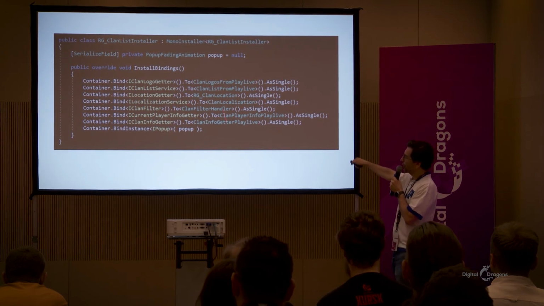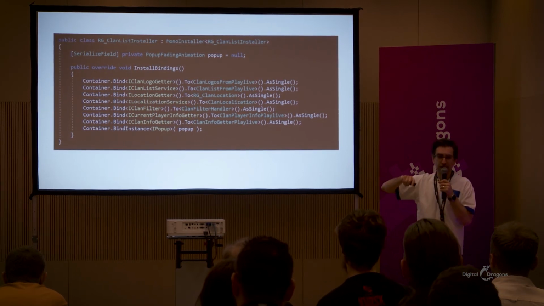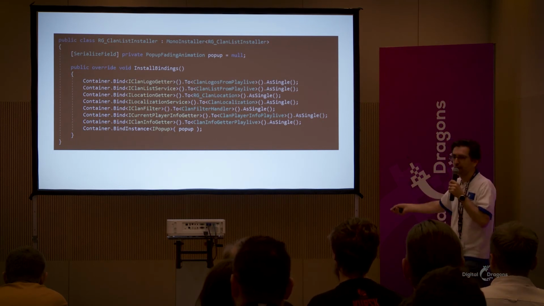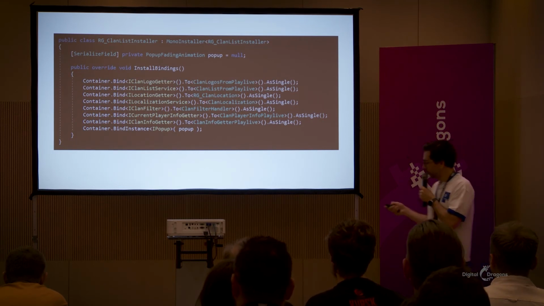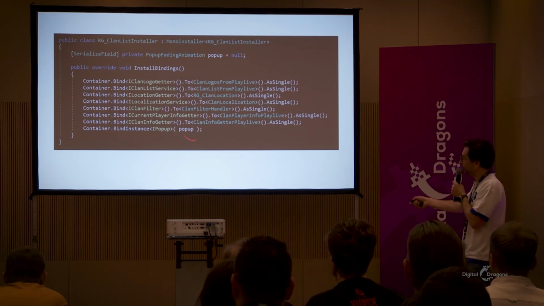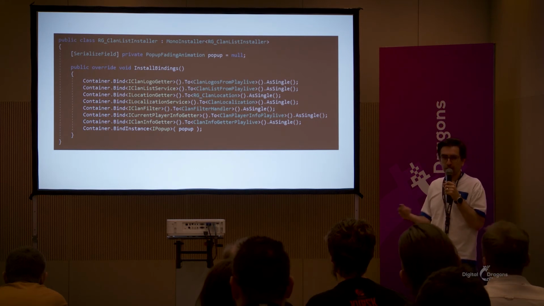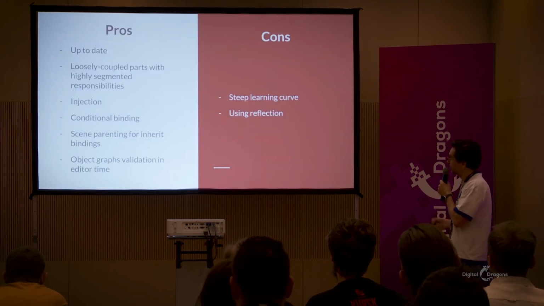So we can easily replace all of the services with mock systems. So we can do unit testing very nicely, and changing this file will not require changing anything inside the logic of the game or the service logic.